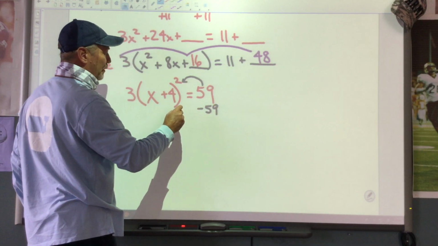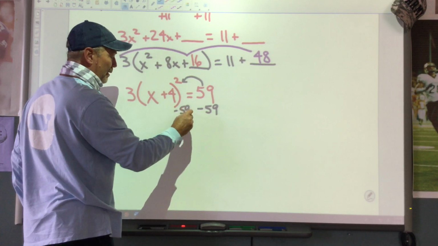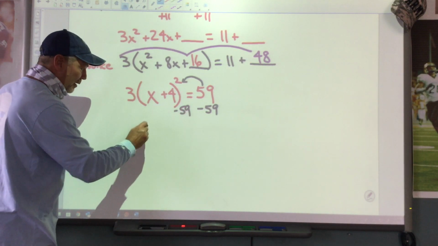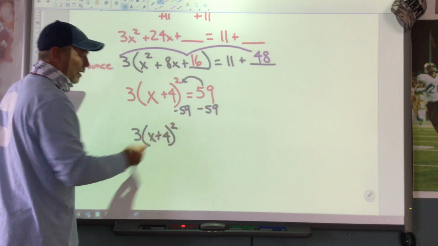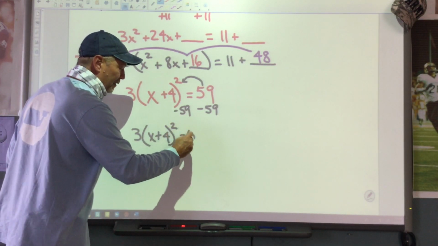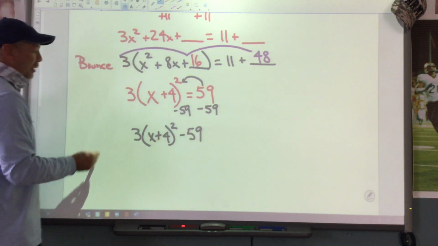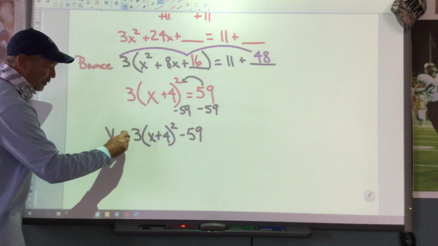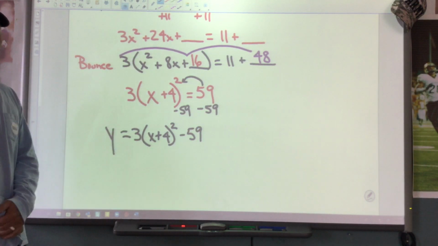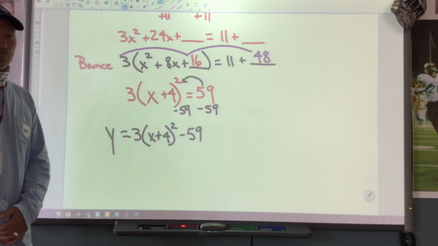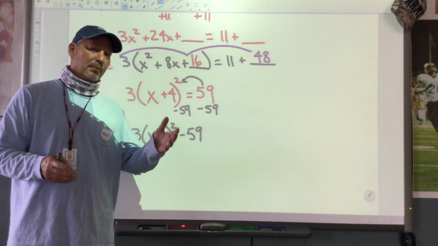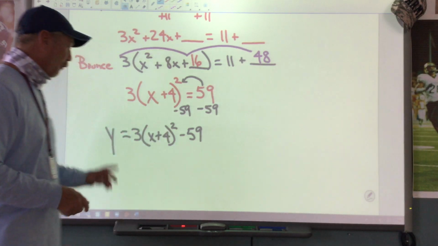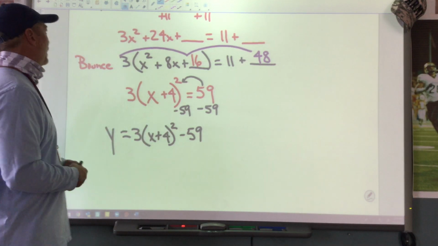I have 3 times x plus 4 squared minus 59. And then I bring down and put the y equals in front. There's your vertex form. Okay? Hopefully, if you need to, you can back it up, pause it, look at it. Hopefully it's not too confusing for you. All right?